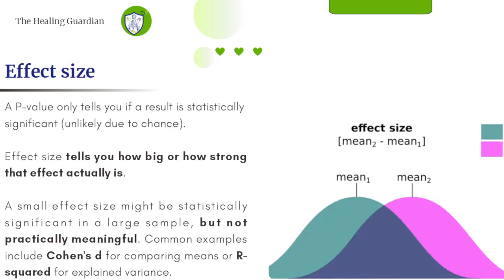Effect size. After calculating the p-value, the p-value will only tell you whether the test is statistically significant. And as I said, statistically significant means it is unlikely due to chance. But it cannot tell you how big or how strong the effect is.